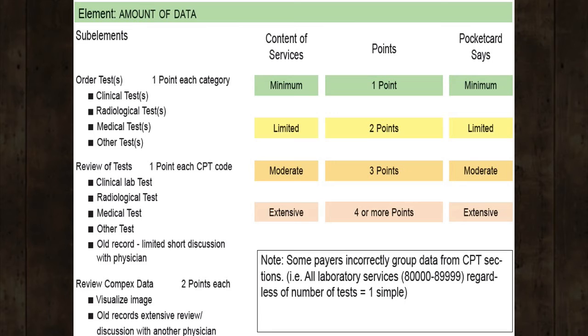So it may not be exactly what you see here, but this is in general accepted, and it tells you how you get points over on the left side, and it tells you again that the lowest level is 1 point, 2 points, 3 points, and the highest level is more than 4. And the Paki Card keeps the minimum, limited, moderate, and extensive, but it's easy to tell what they stand for.